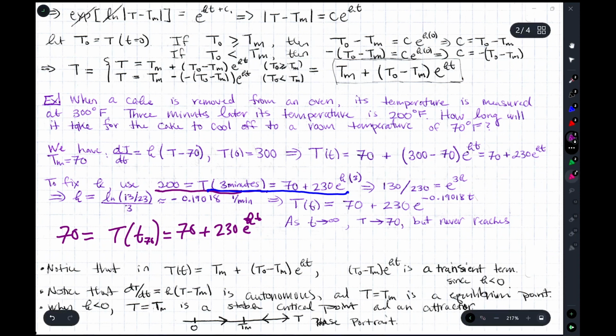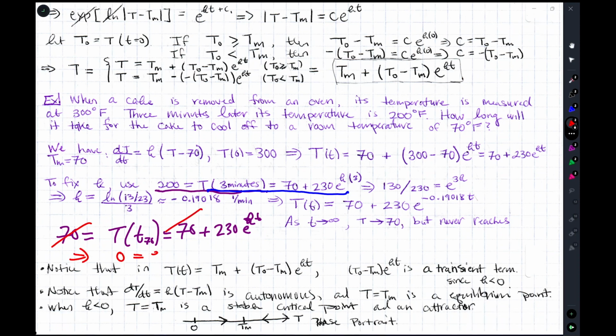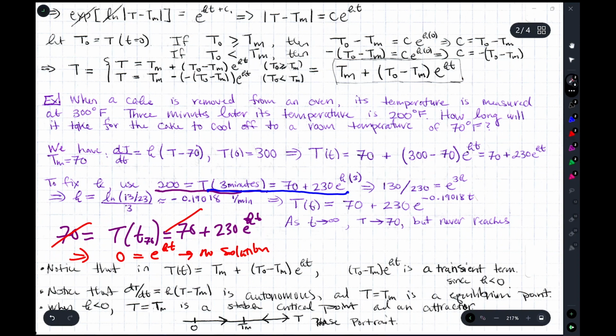And notice that these 70s would end up canceling, and you actually end up getting 0 is equal to e^(kt). Now, is the exponential ever 0? No. So no solution. This never ends up reaching a temperature of 70.